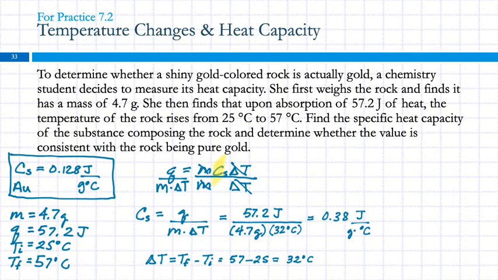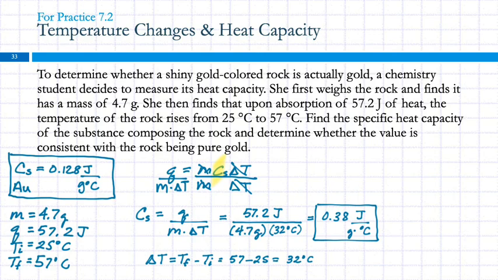So it says find the specific heat capacity, so I found that. There's two things though, there's two answers here. Determine whether the value is consistent with the rock being pure gold. Is this rock gold? Does this 0.38 match up with 0.128? No, not even close.